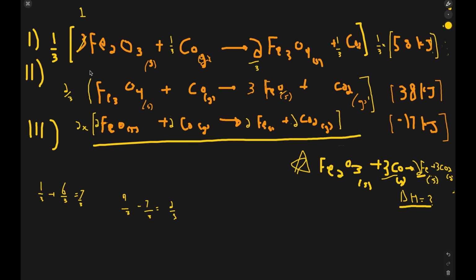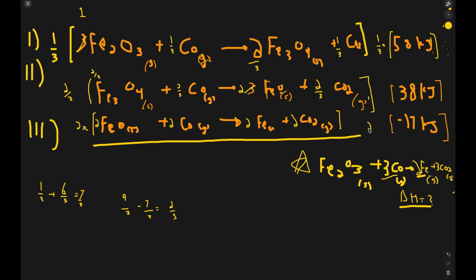Next we've got 2/3 Fe3O4 plus 2/3 carbon monoxide. 2/3 times 3, the 3's cancel out, which makes 2 FeO plus 2/3 carbon dioxide.